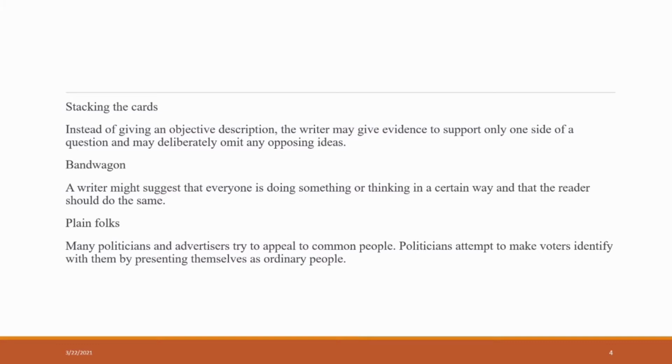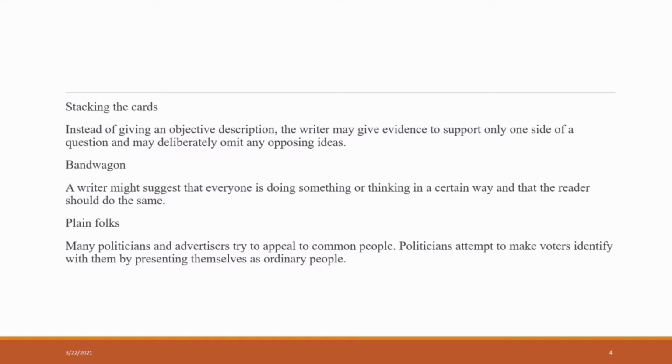Number 7. Stacking the cards. Number 8. Instead of giving an objective description, the writer may give evidence to support only one side of a question and might deliberately omit any opposing ideas. Number 9. Bandwagon. Number 10.